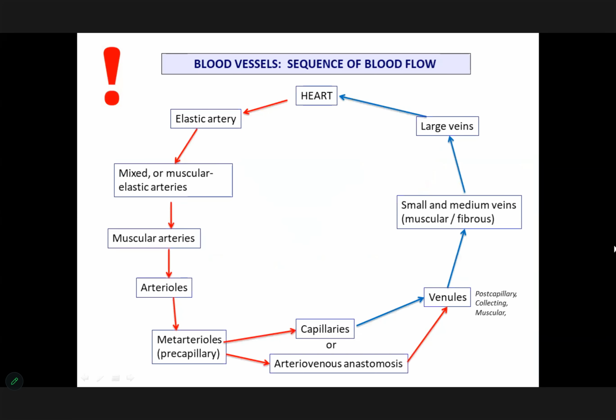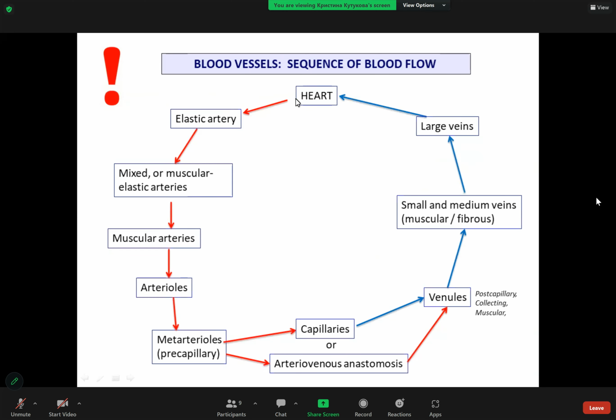Now, this is important information. Important information means that you should learn this by heart. Blood vessels, the sequence of blood flow. You should remember through which vessels, in a histological sense, the blood flows from the heart.